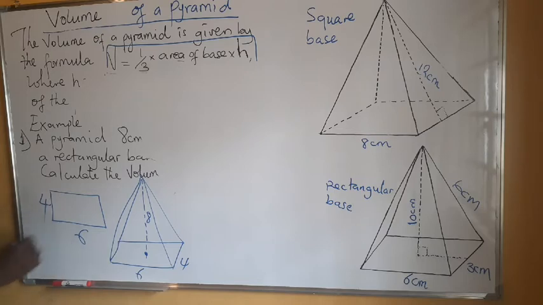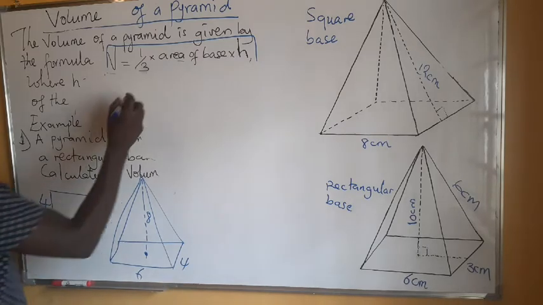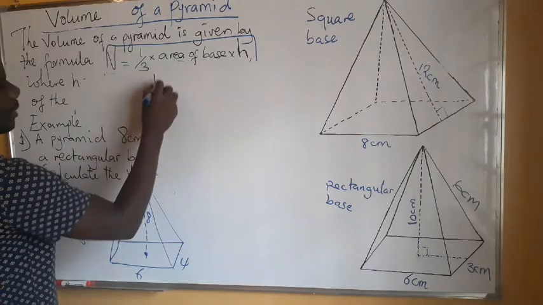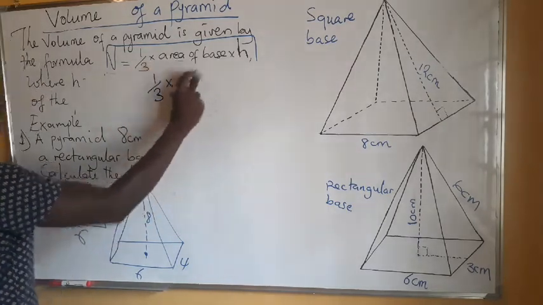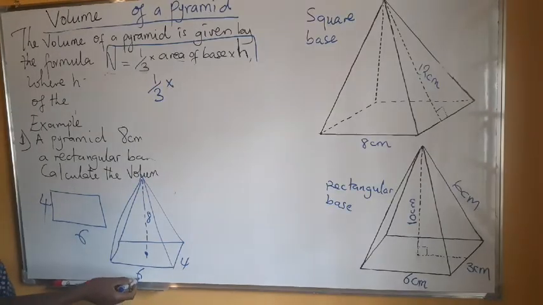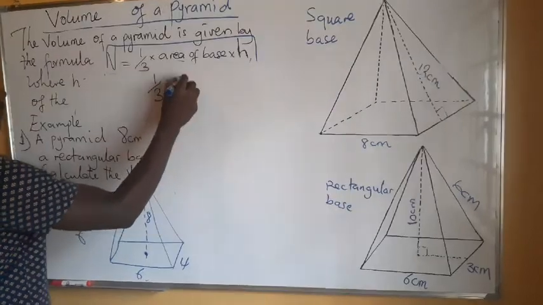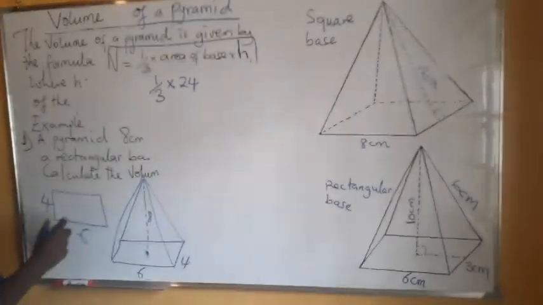To get the area of the base, we need the area of a rectangle. So in our formula, what is our area base? Our base is a rectangle with 6 and 4. You multiply these two, and we get 24. 24 is our area base.